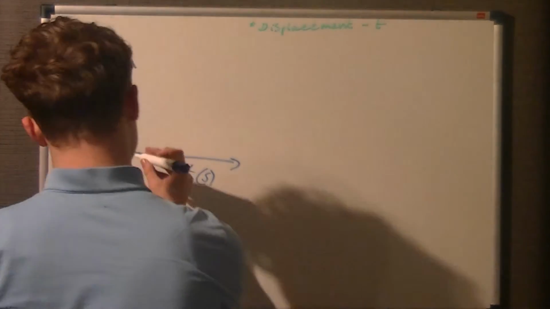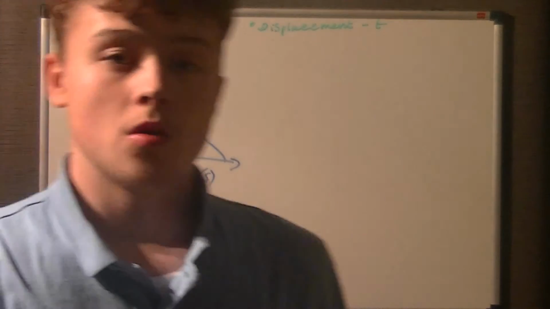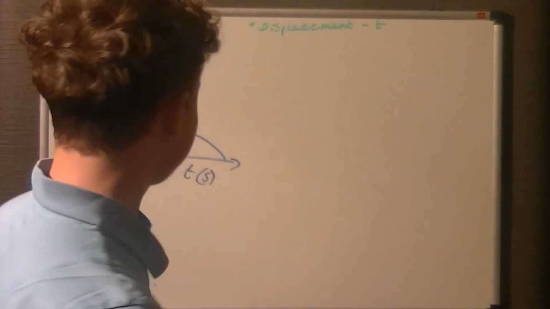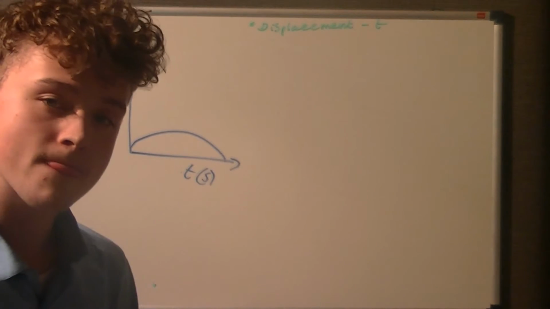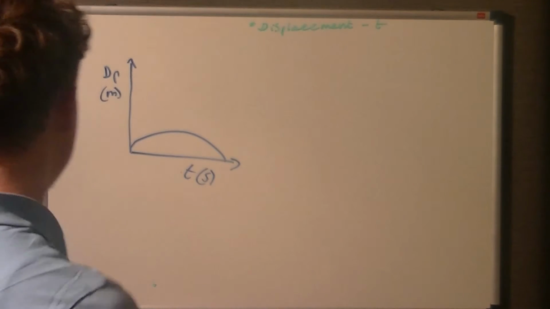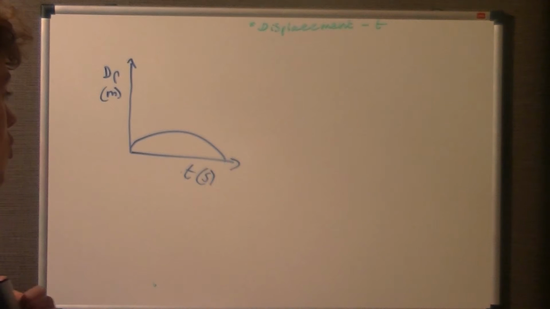Now I'm going to draw something here and I'll explain it in a minute. So displacement, what is it? It shows distance and direction relative to the equilibrium position. You can't really say much more than that about a displacement time graph.